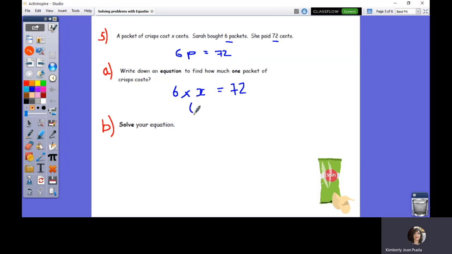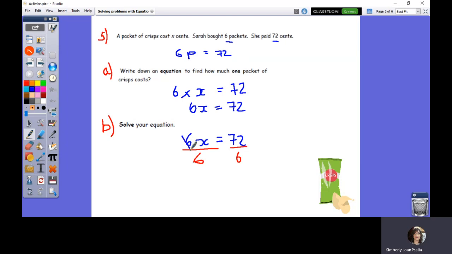We can write this down as 6x is equal to 72. Right? Now we have to solve our equation. So 6x is equal to 72. In order to get rid of this 6, we can divide by 6 on both sides.